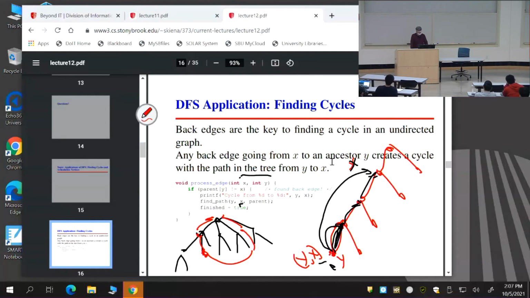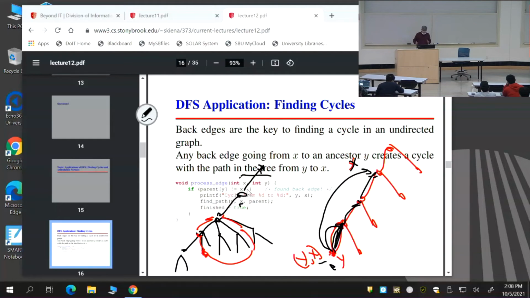But this is more complicated. Now you're walking back to two different ancestors. You also have to worry about the case where the breadth-first search tree started here. The cycle that's being formed is not going back to the root, but going back to the first ancestor in common. It's a lot messier to find a cycle in a breadth-first search tree.